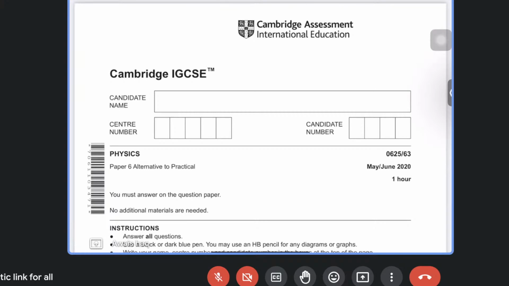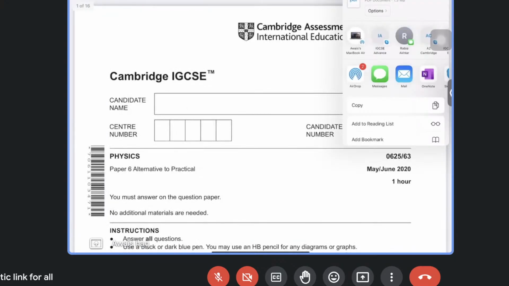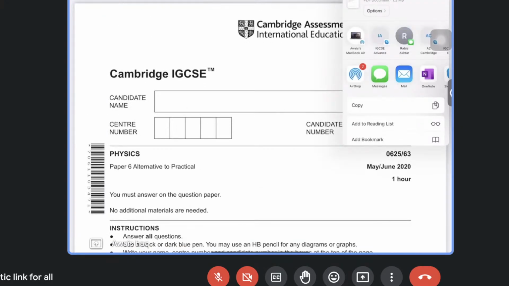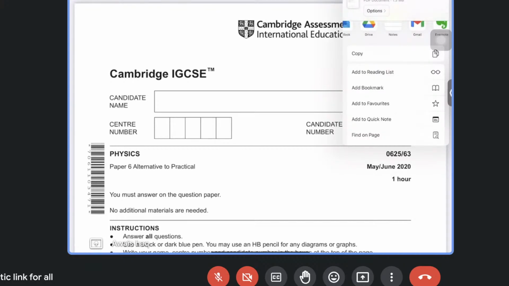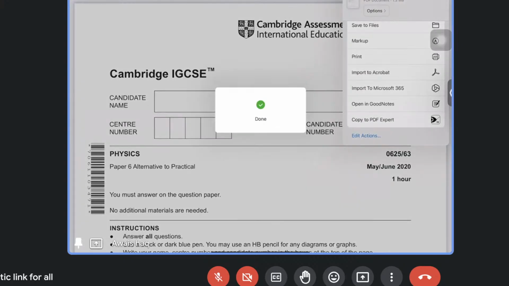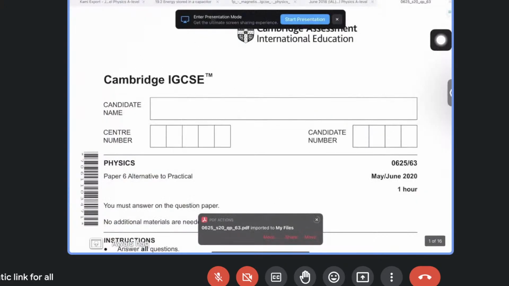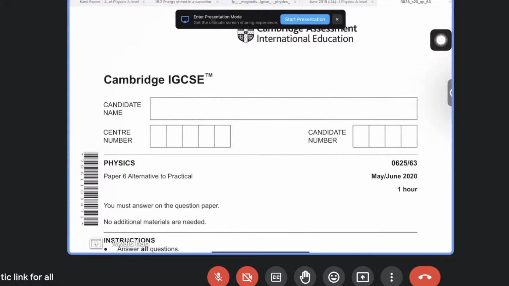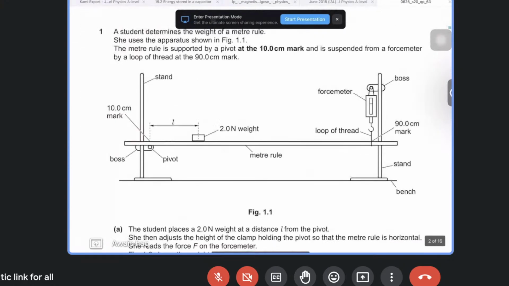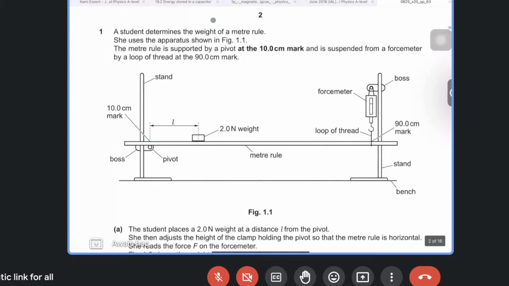This is a very simple paper, but it requires a little understanding from the lab, and I'll help you understand it.